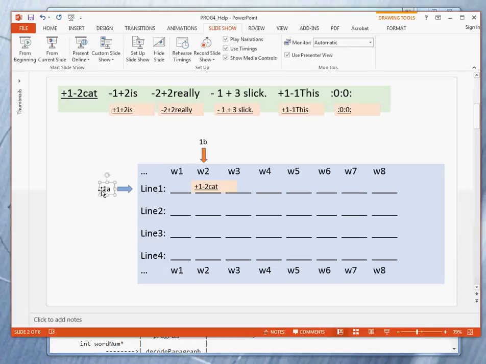So the first thing we do is identify the line. Then we use the second set of position values to indicate which word within the line. And the third thing we do is we place the word from the input into the word within the line.